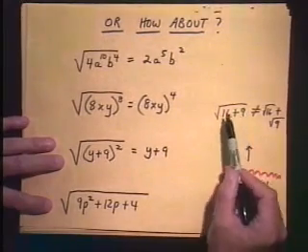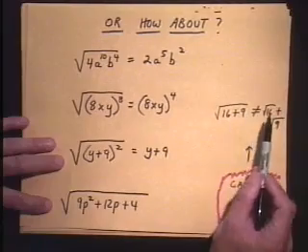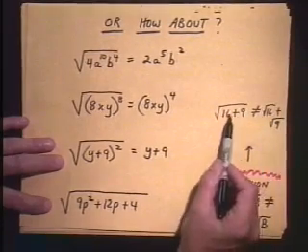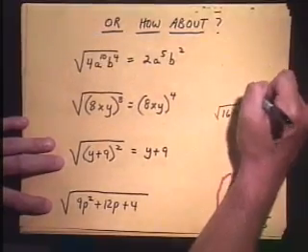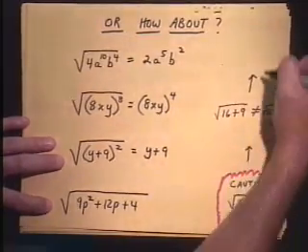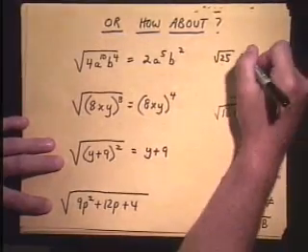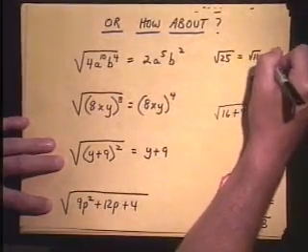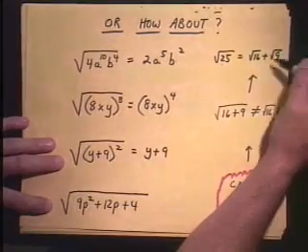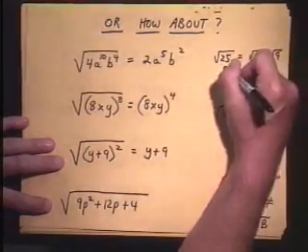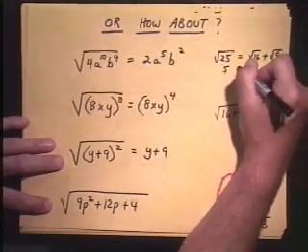Is the square root of 16 plus 9 equal to the square root of 16 plus the square root of 9? No. Because if we added 16 and 9, we'll have the square root of 25 equals the square root of 16 plus the square root of 9, and we're understanding now how to evaluate these radicals. The square root of 25 is 5, equals what?